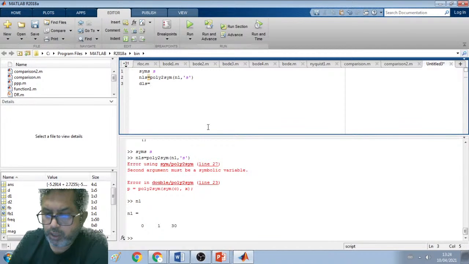DLS is equal to poly to symbolic d1 comma quoted s. H is equal to simplify NLS slash DLS.